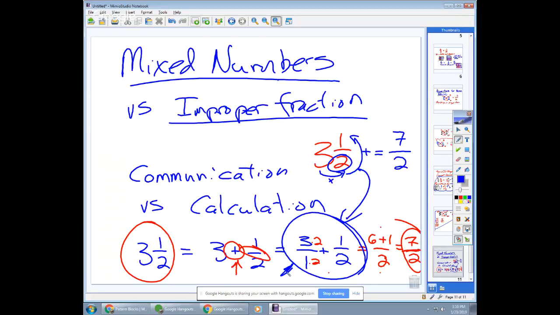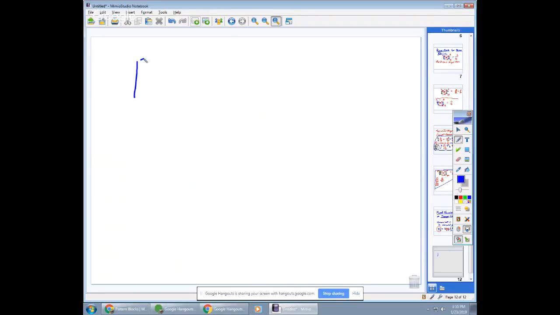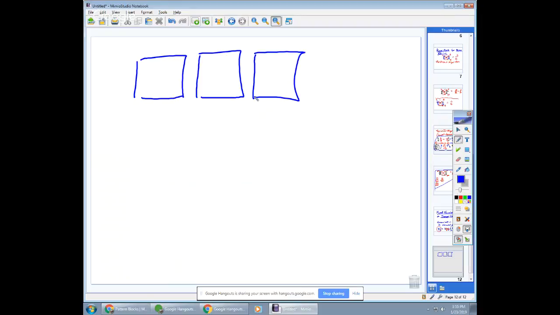So the way that you would model that, you'd have 3 wholes. So if I wanted to model that, I would draw it as 1, 2, oops, I'm not doing a good job making them the same size, 3, and then I need to draw another one so I can show the half of that. Oh, I get it now.